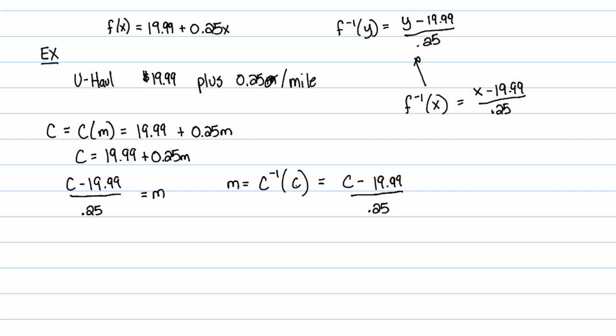For the inverse function, we plug in a cost, and my output is the number of miles that I could drive based on that cost. If I were to, in an application, swap variables and change this back into C inverse of m is equal to m minus 1999 over 0.25, what does that m stand for?